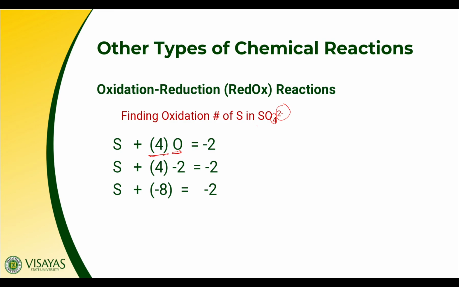What should be the oxidation number for sulfur so that when we add that to negative 8, we get negative 2? That should be positive 6. So our sulfur should have a positive 6 oxidation number. We have a positive 6 here and a negative 8, and we will get negative 2.